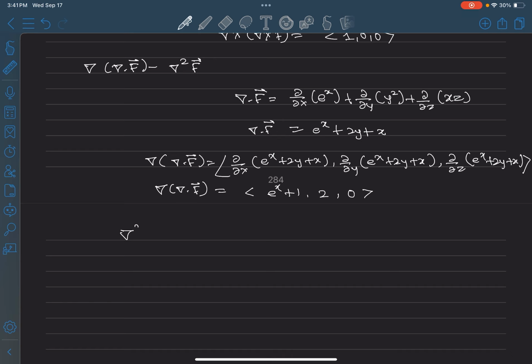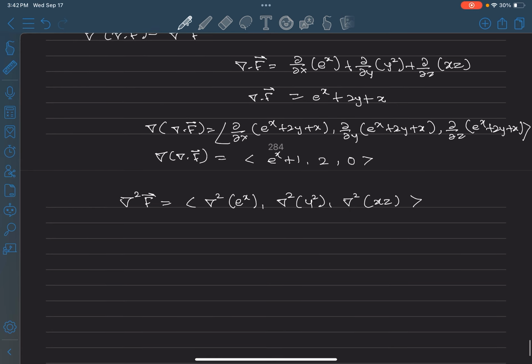Now, if you want to find the Laplacian of the f vector, this will just be the Laplacian of the first component e^x, the Laplacian of the second component, which is y², and the Laplacian of the third component, which is xz, right?